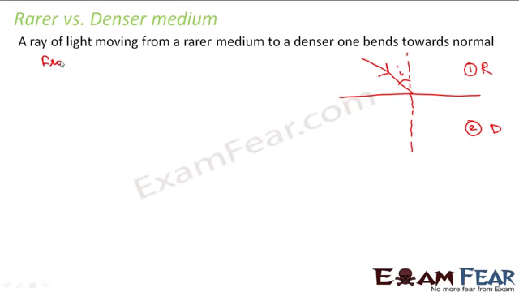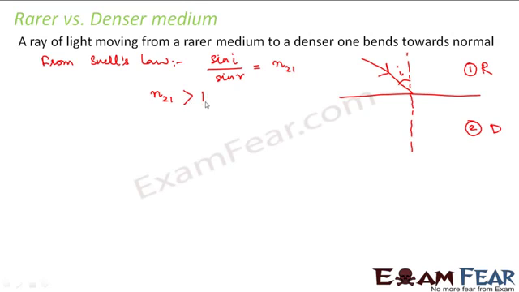Now from Snell's law, we know that sin i by sin r is equal to n21, that is the refractive index of 2 with respect to 1. Now we are saying that 1 is the rarer medium and 2 is the denser medium. That means from the previous slide, n21 is greater than 1, that is, the refractive index of 2 is greater than the refractive index of 1.